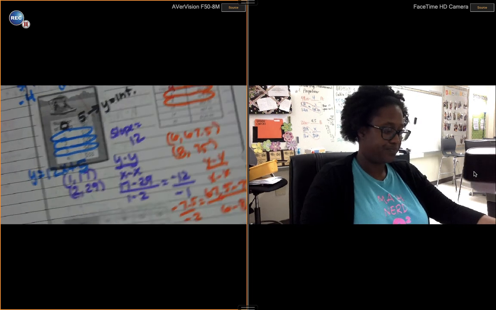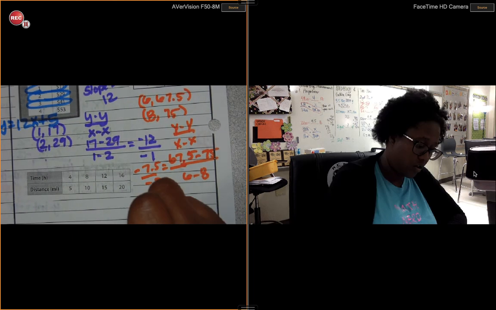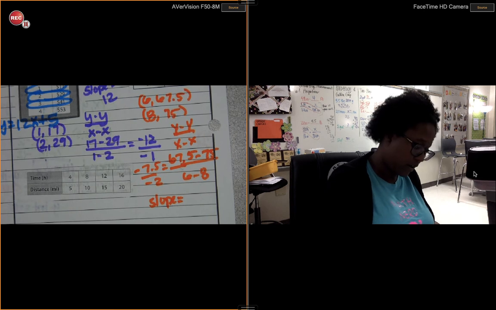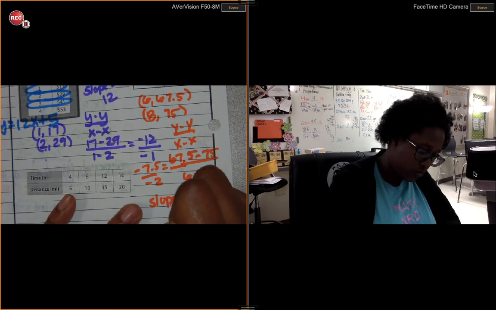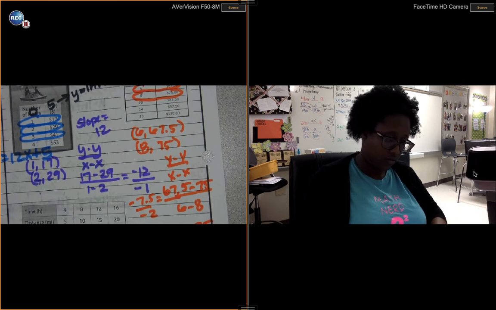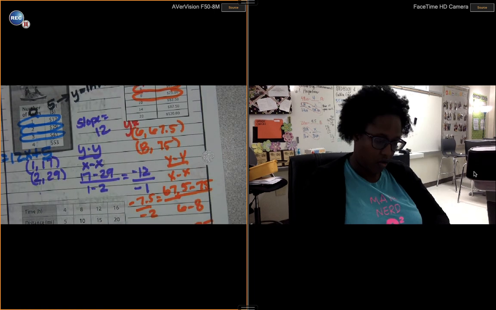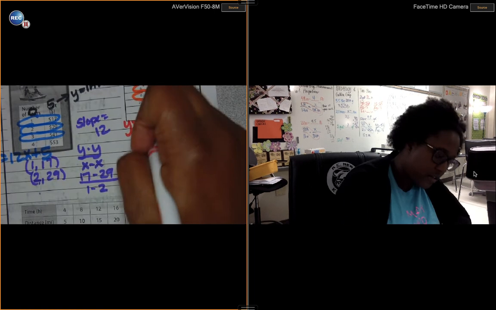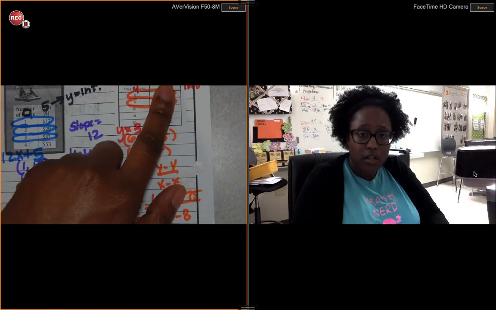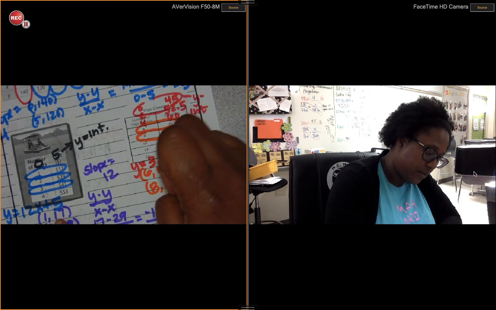A negative and a negative, my answer is going to be positive. So I know my slope is going to be positive, and then 7.5 divided by 2 is 3.75. Okay, so now we write this as an equation. Our equation would be y equals, our m is our slope, we got 3.75, 3.75x, and then our y-intercept was 45, so it'll be plus 45.